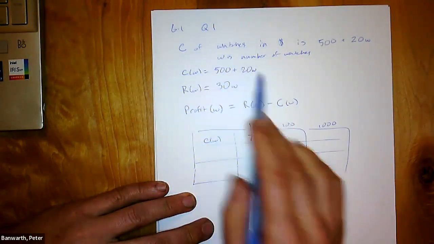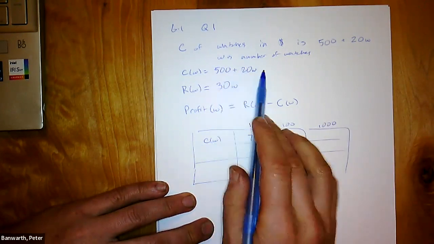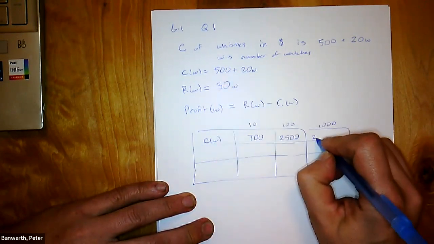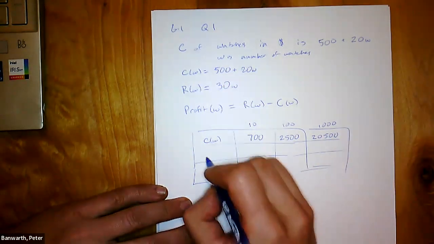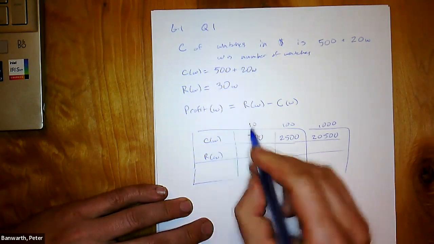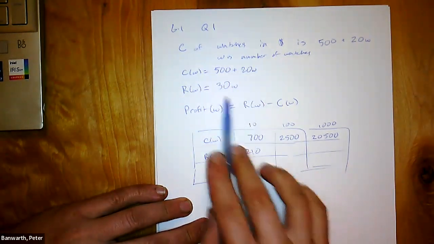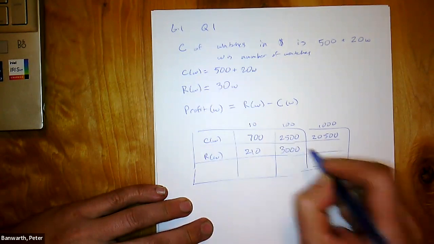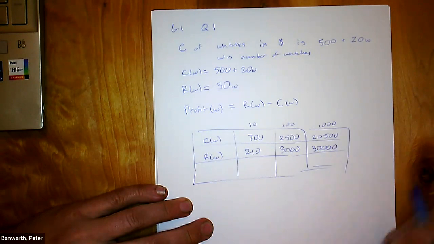Our cost of 500 plus 2,000, that's 2,500. Our cost of 500 plus 20,000, that's 20,500. Our revenue is 30 times 10, that's 300, 30 times 100 is 3,000, and 30 times 1,000 is 30,000.